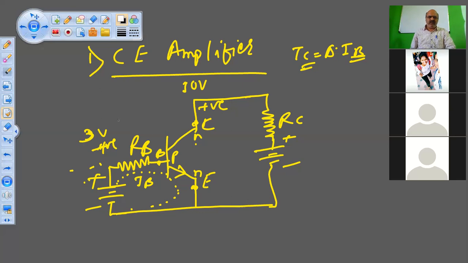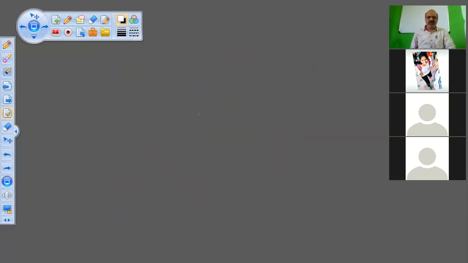Now we know all these things. Now instead of using two batteries, what we do, we remove this battery and we connect the same battery here. So I will redraw this figure.